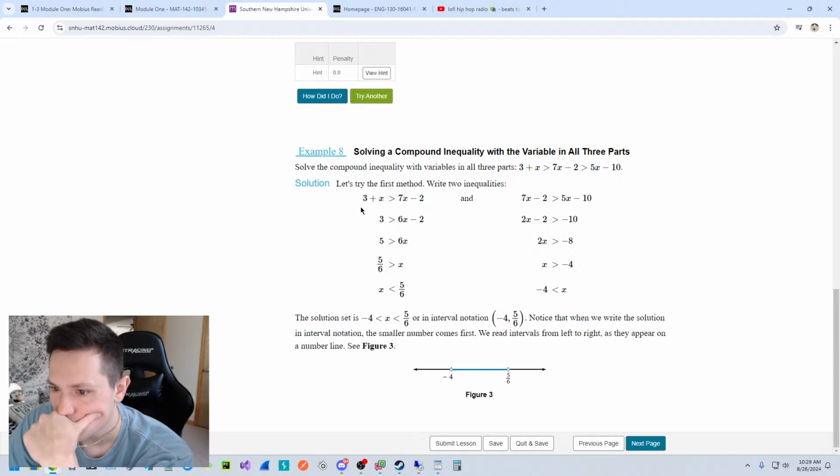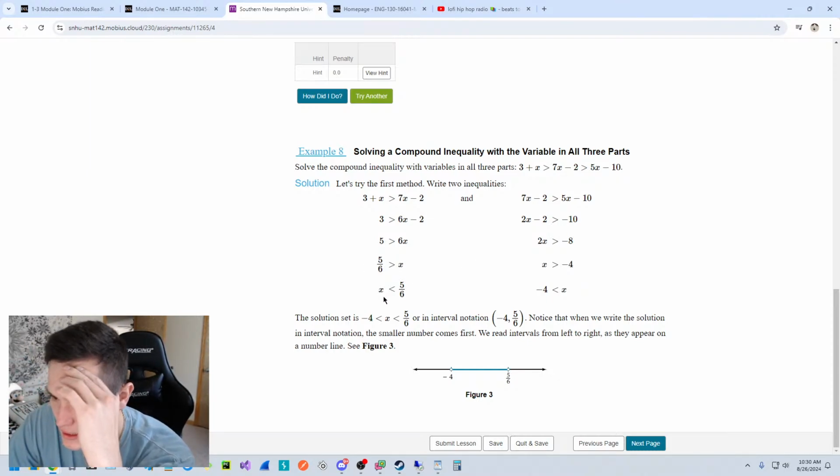Alright. So just 1, 2, yeah. Then okay, add the 2, that becomes 5. Then 5 over 6. And then you basically flip, and if you flip, you're flipping the sign.